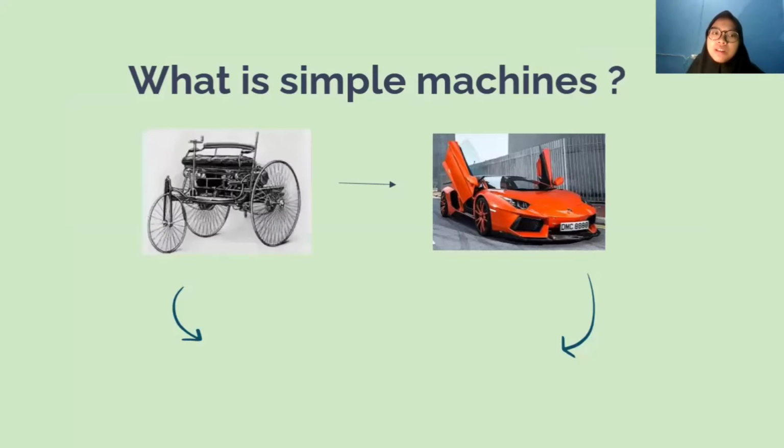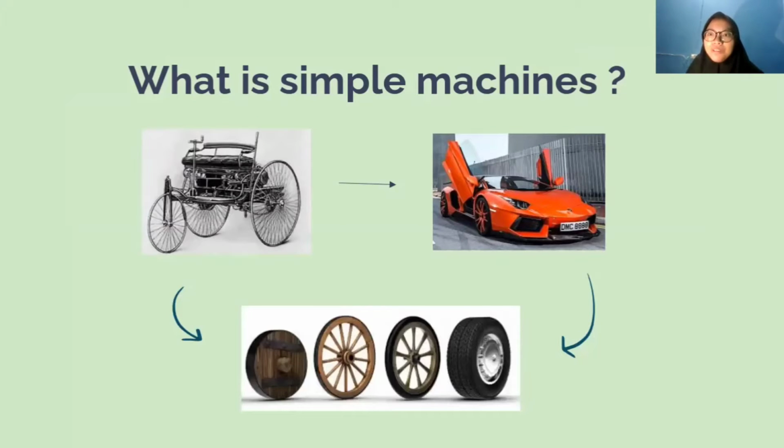Why? Because in the beginning, it started from the machine created by the car bands, and it had a different wheel, right? Because the wheel also developed. So this picture shows the development of wheels. So wheels and axles are one type of simple machine.